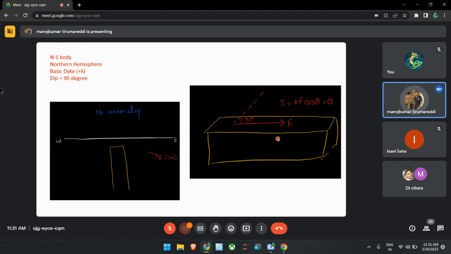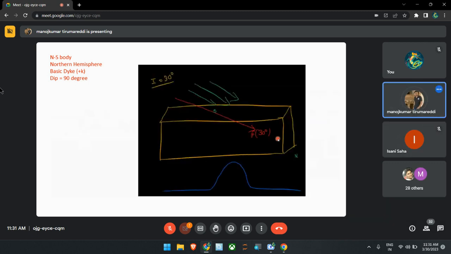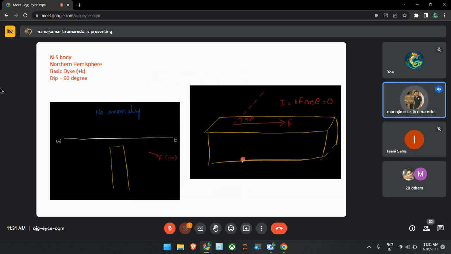So irrespective of the body strike, in the equatorial region we do the survey in the north-south trend only, because with north-south traverses we will get anomalies associated with east-west features. Okay, this is for I equal to 0, north-south body.